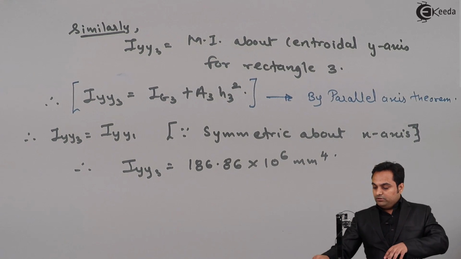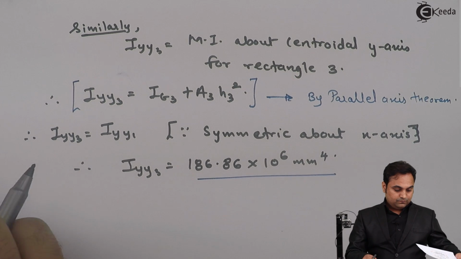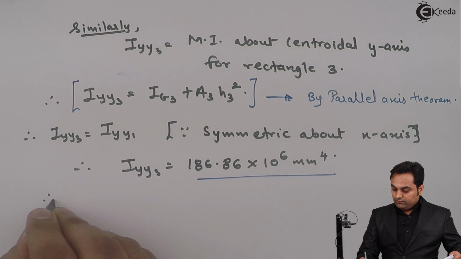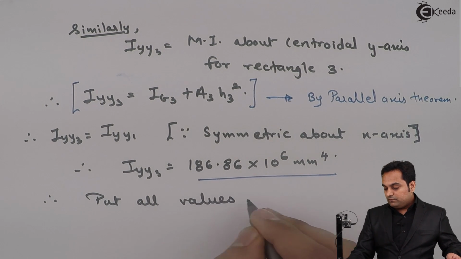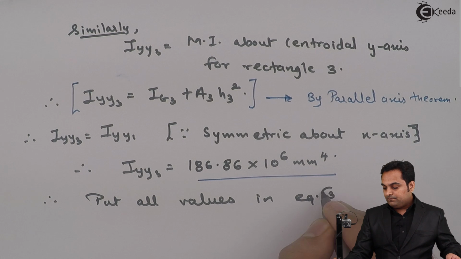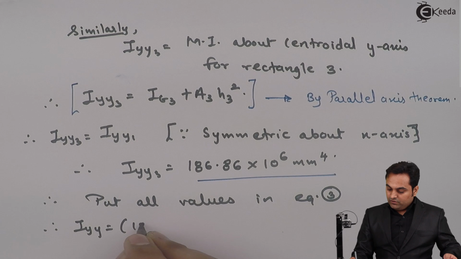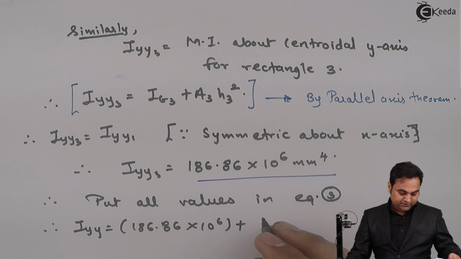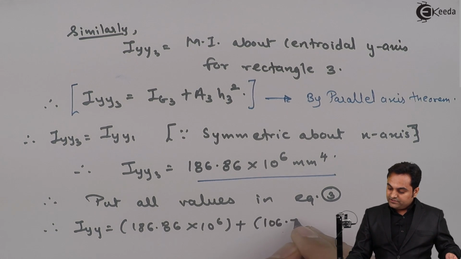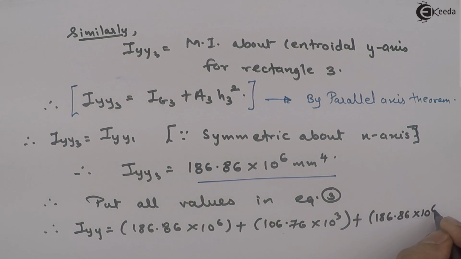So after finding all three values, we put all values in equation 3. So Iyy is equal to Iyy1, 186.86 into 10 raised to 6, Iyy2, 106.76 into 10 raised to 3, and Iyy3, 186.86 into 10 raised to 6.